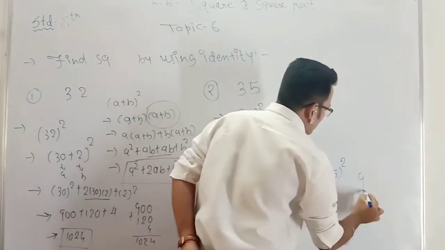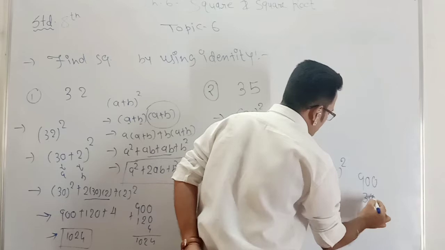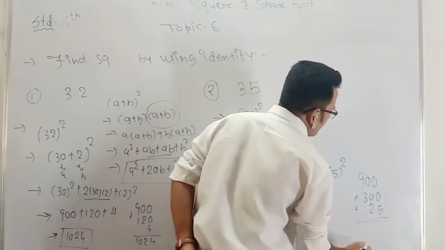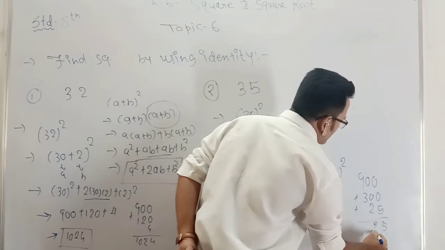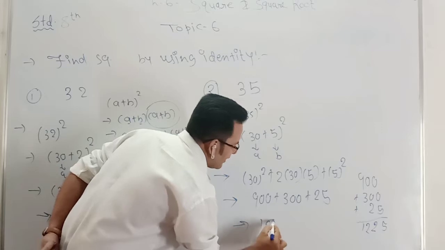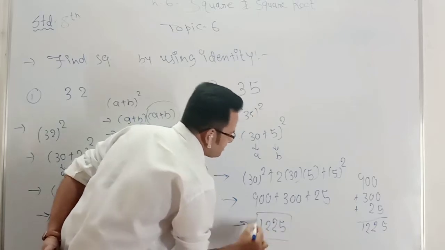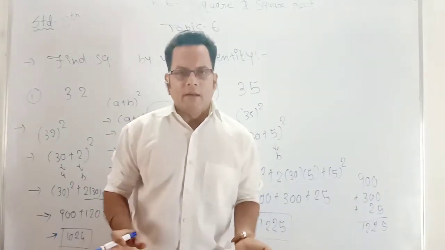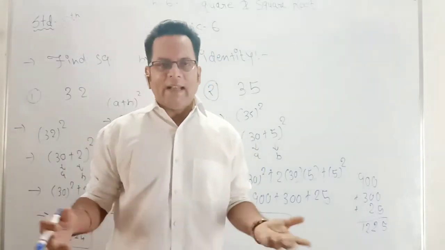Again make addition: 900, 300 and 25. So it will be 1225. So this way you can use this identity. You have to just split the numbers. You can split the number in any way.